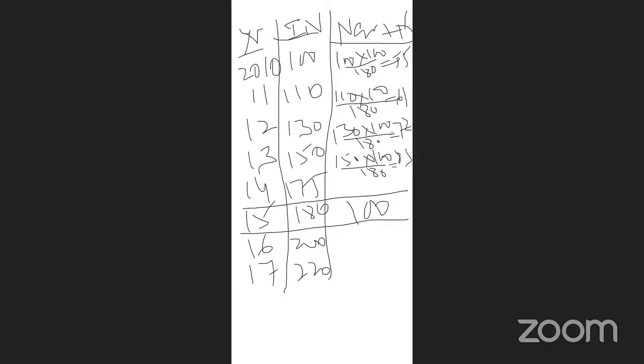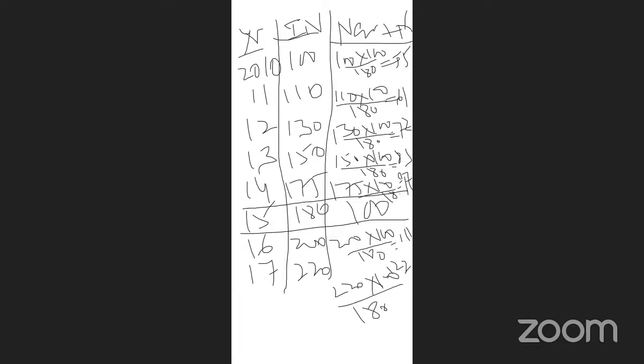Now 175 into 100 divided by 180 gives you 97. Now 200 into 100 divided by 180 is 111. Now 220 into 100 divided by 180 gives you 122. So this is how base shifting is calculated. Followed? Understood?